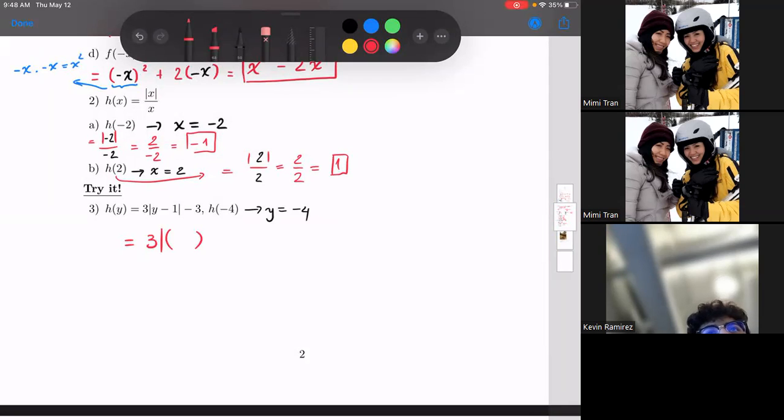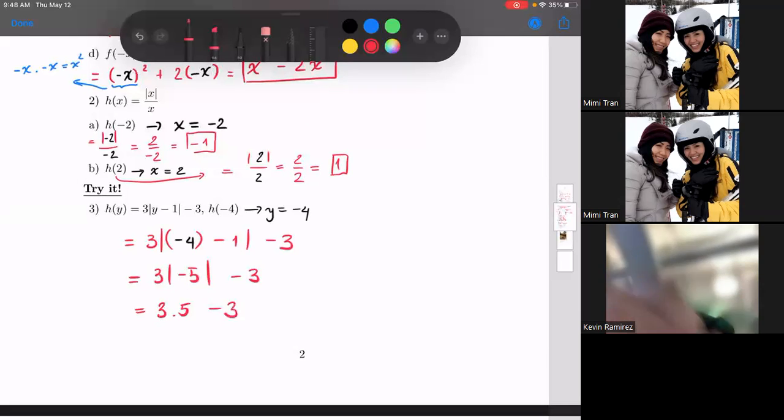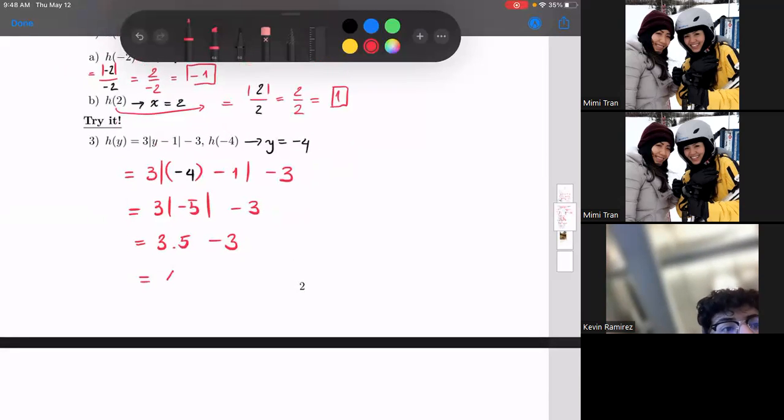You never get it wrong, right? You see a letter, you replace it with parentheses. Then inside the parentheses, I put -4. Inside first, right? So -4 minus 1 is -5. The absolute value of -5 is 5. 3 times 5 is 15, minus 3 is 12.